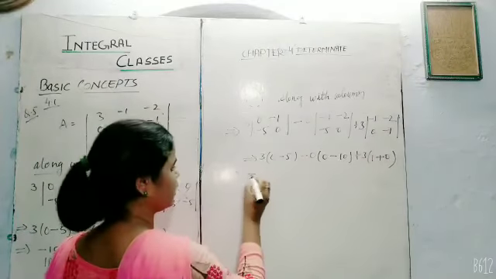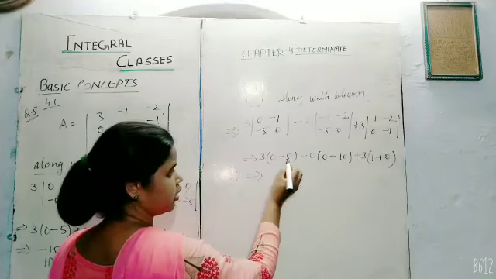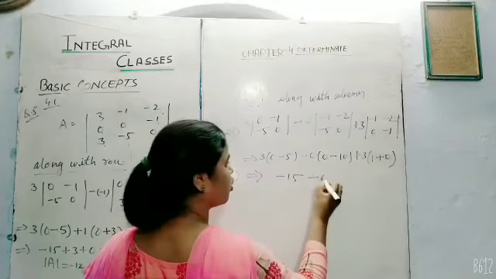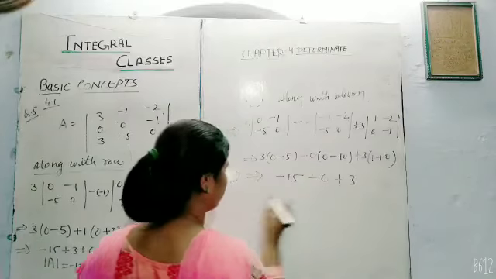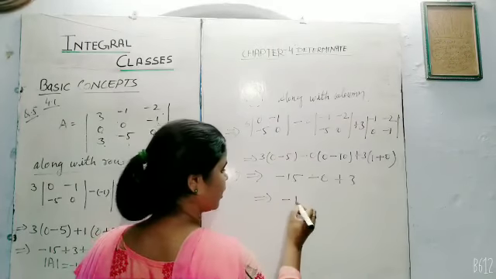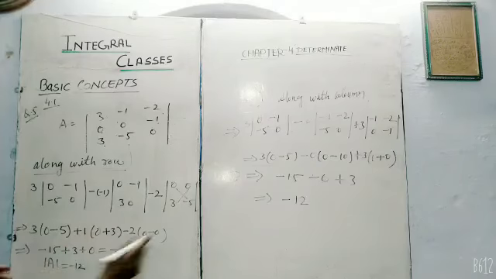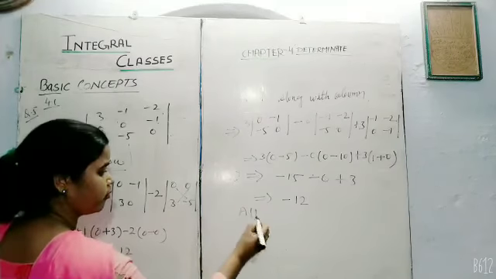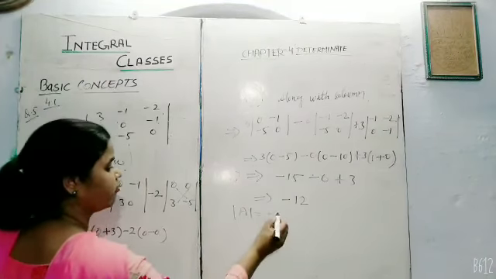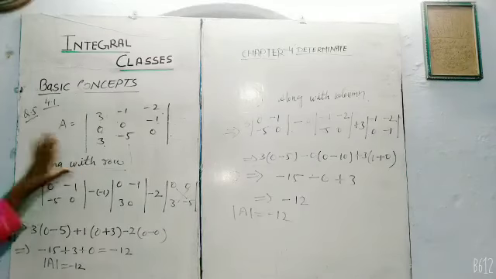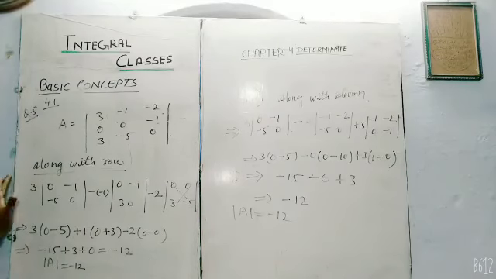Then we get 3 into minus 5, minus 15, it becomes 0, and 3 into 1, 3. Now we get minus 12. So students, as we observe, in both conditions we get the same value of determinant of A, minus 12. It means in any condition, if we find the value along a row or along a column, we get the same value.